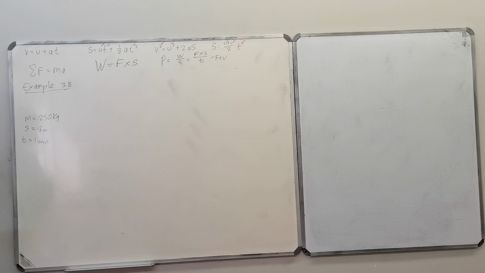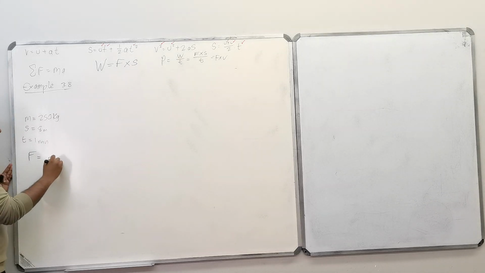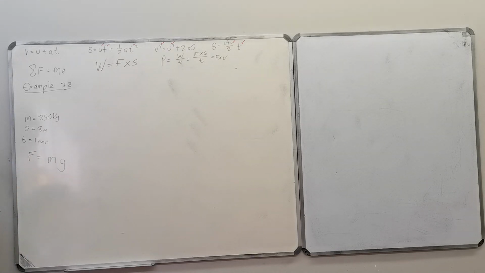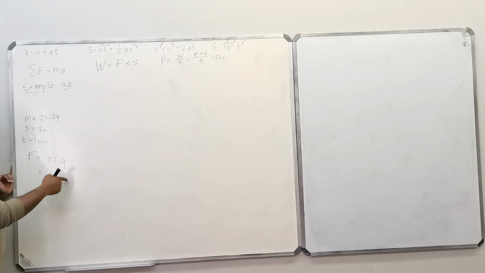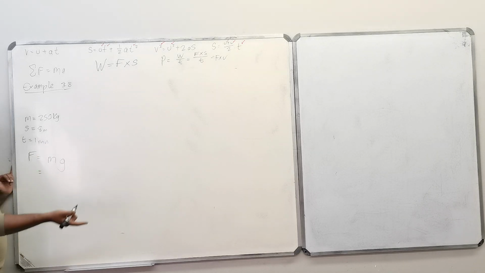So, for you to work out power, you need to know the work. For you to work out work, you need to know the force. In this instance, the force will be equal to your mass times gravity. It's the same thing as F is equal to ma, but in this instance your acceleration is gravity.